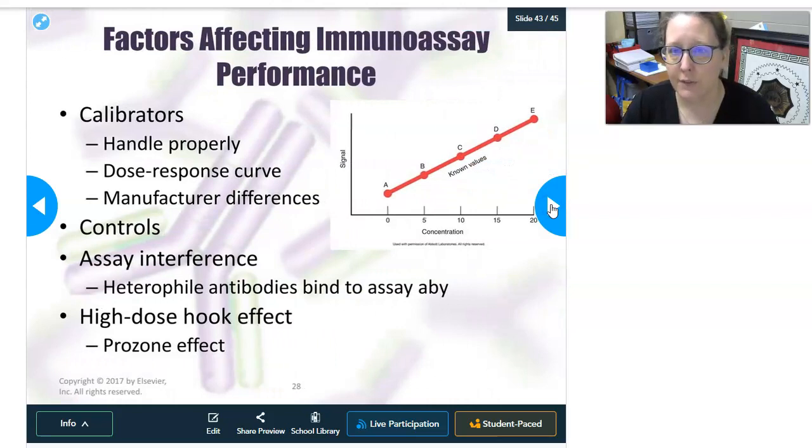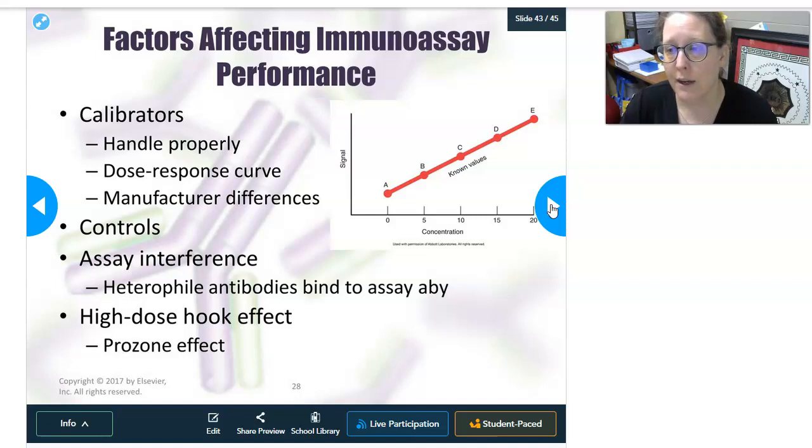Some of the factors that can affect immunoassay performance are going to be calibrators. You have to handle your calibrators properly and establish a dose-response curve. There are differences between manufacturers, and one of the biggest things you need to take away is that an immunoassay done on one analyzer with one manufacturer's kit cannot be compared with another immunoassay done on a different analyzer with a different manufacturer's kits.